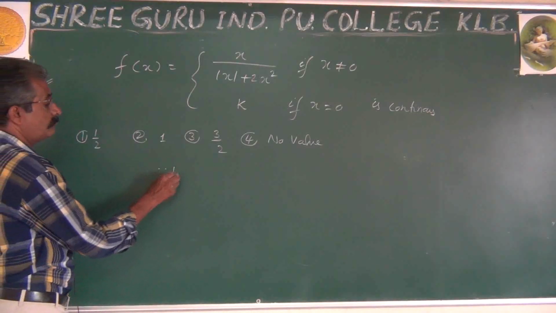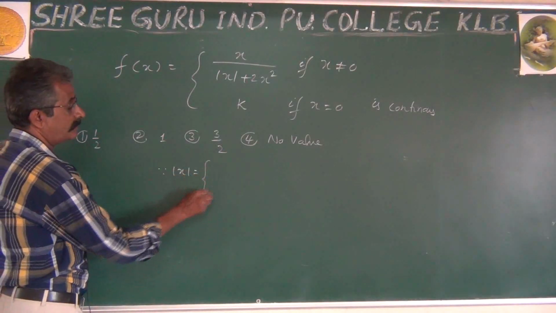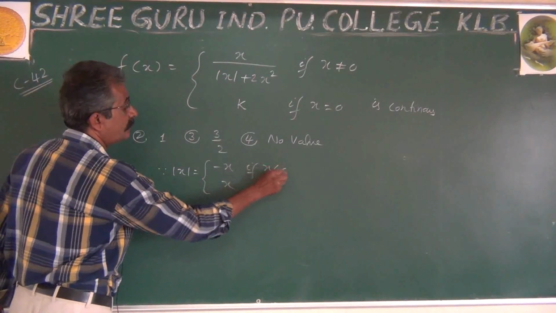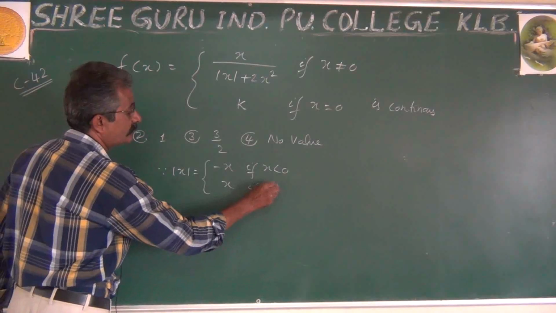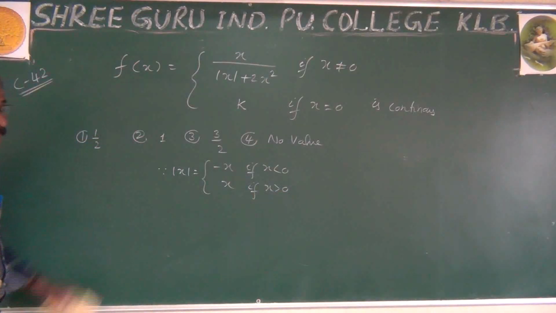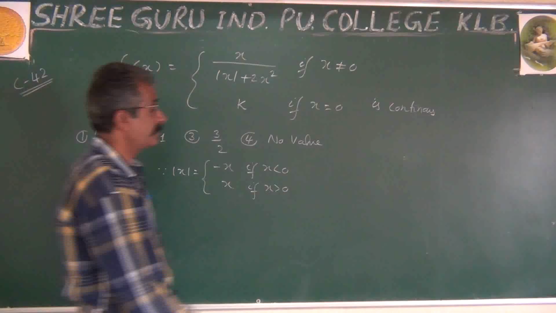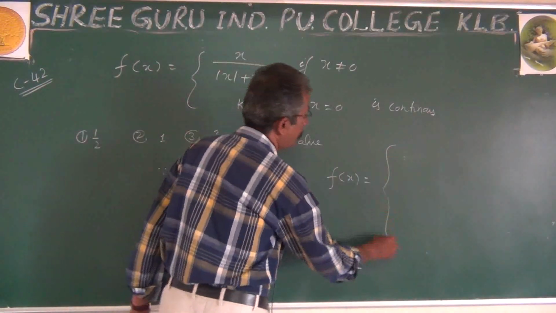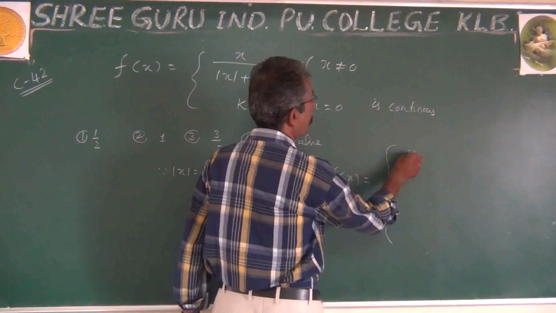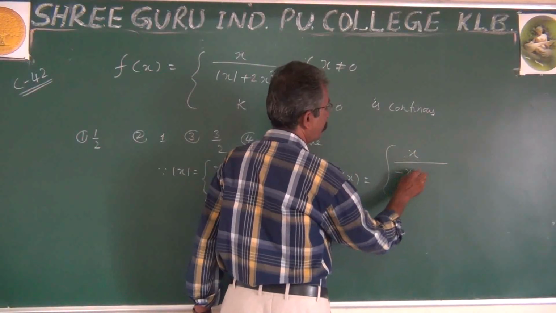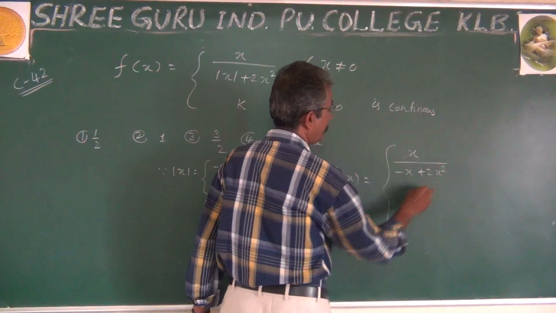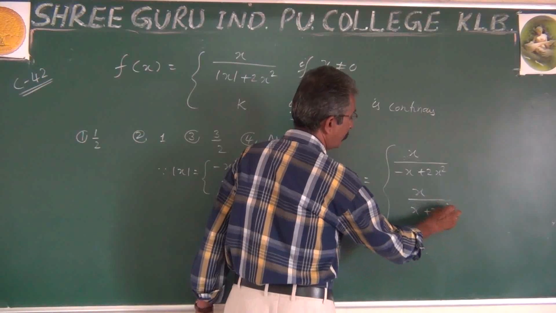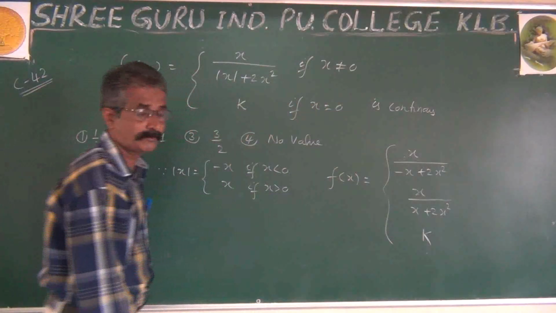Now, modulus of x equals minus x if x is negative, and plus x if x is positive. So now our function can be rewritten as f(x) defined by x divided by minus x plus 2x square, x divided by x plus 2x square, and k.